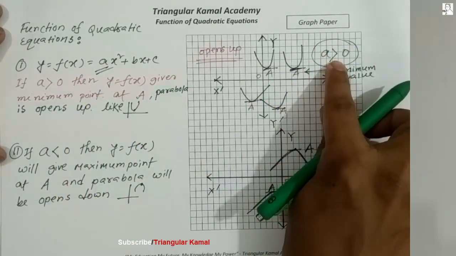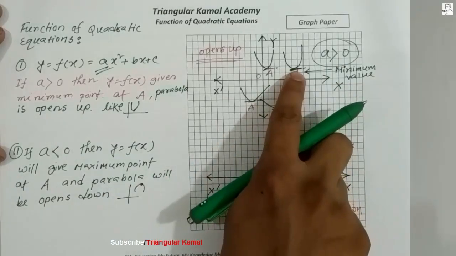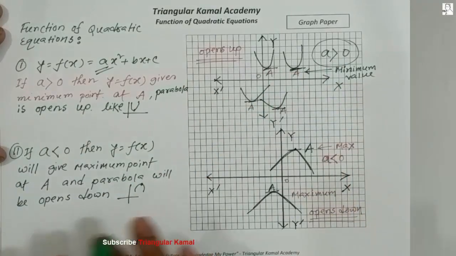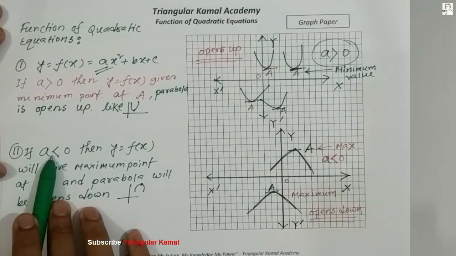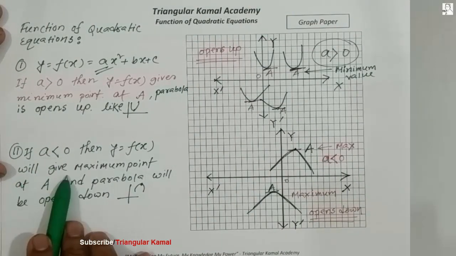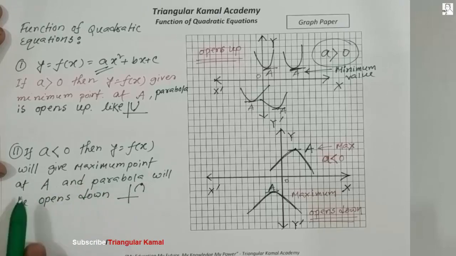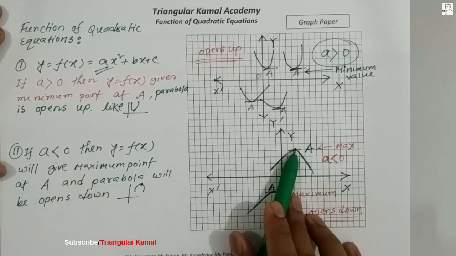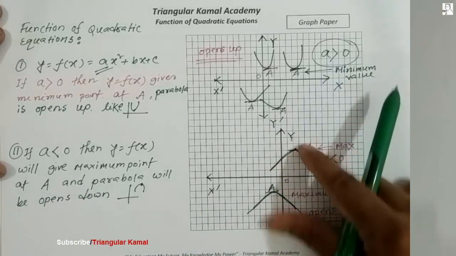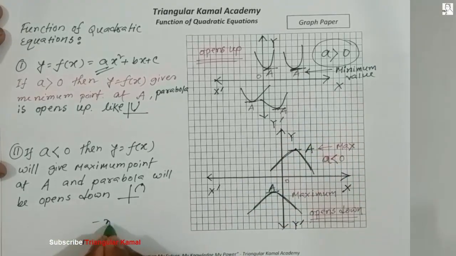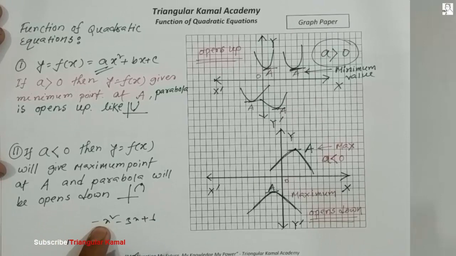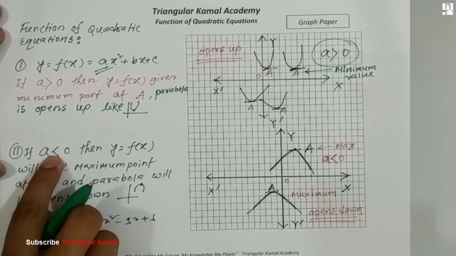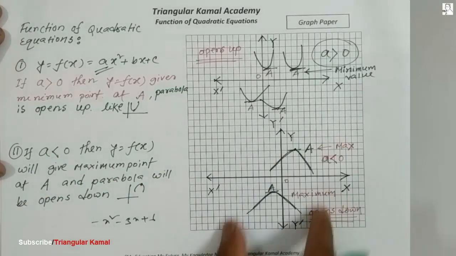When a is greater than 0, the graph gives the minimum point and always opens up. When a is smaller than 0, the graph gives the maximum point, and this graph opens down, like minus x square plus 5x minus 6. Here a is minus 1, and for such equations we get this type of graph.